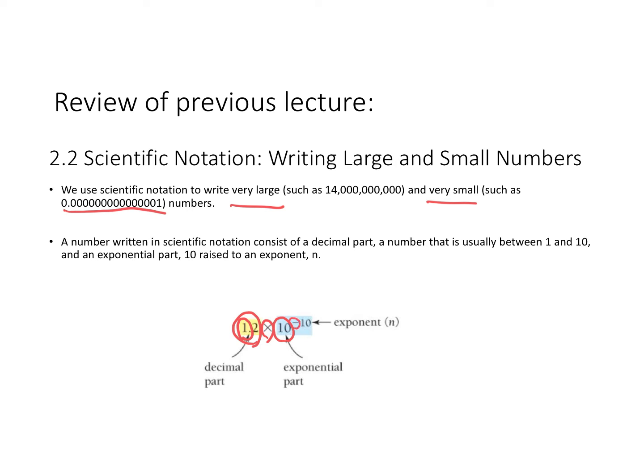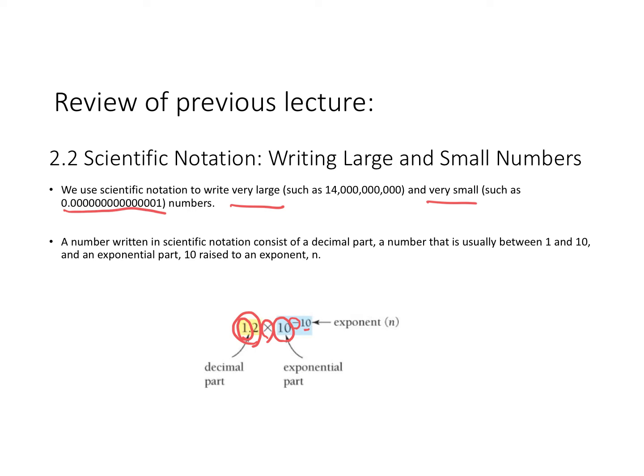If you're working with really small numbers, like 0.0000, the power would be negative. If the number is like 1 million, 1 billion, or 12 trillion, the number is really big, so the exponent would be positive.